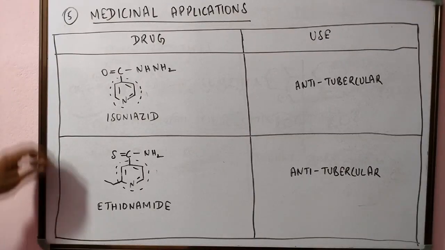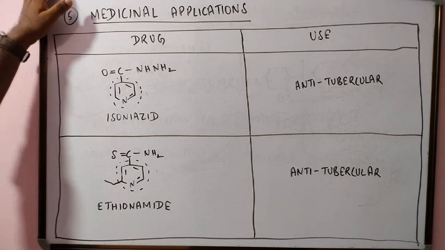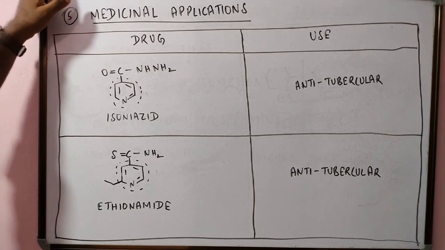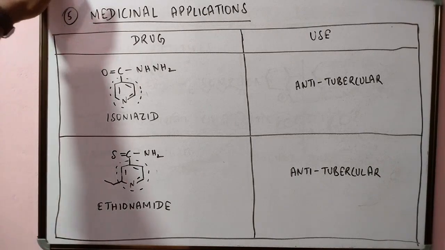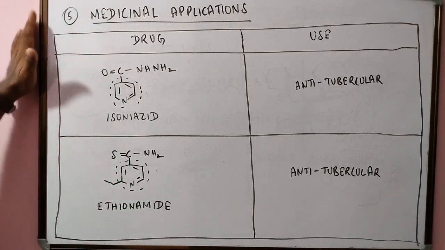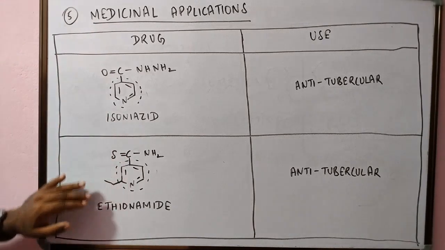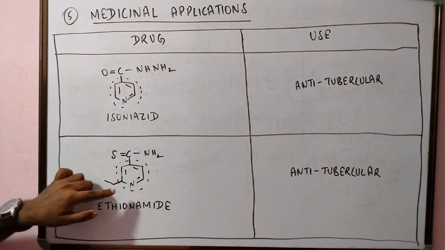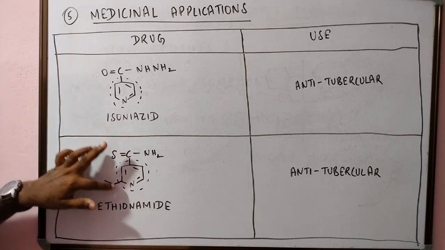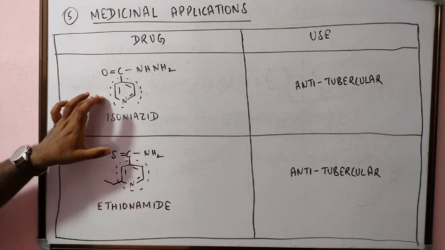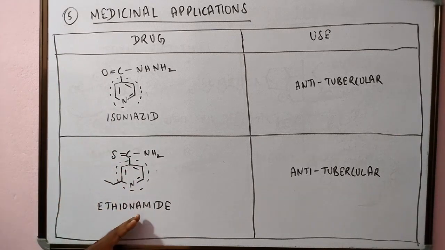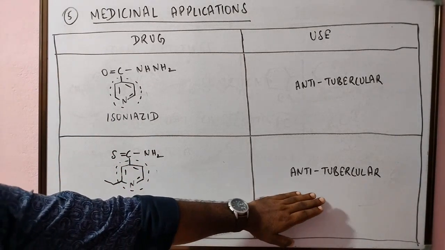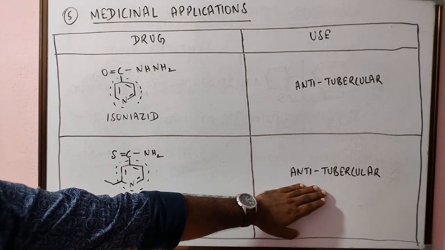Use number 5. Medicinal applications of pyridine. Pyridine is the main moiety and is used in the synthesis of a number of drugs, namely isoniazid and ethionamide. The pyridine ring in both these medicinal compounds has been demarcated, and both of these drugs are known for their anti-tubercular activity.